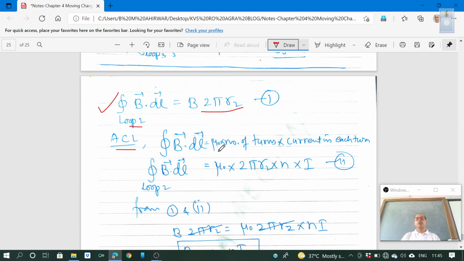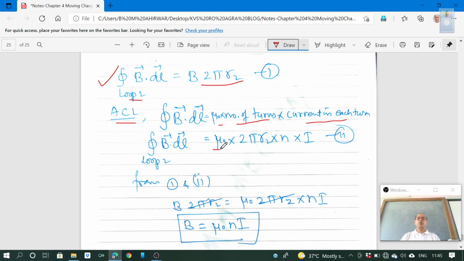B dot dl equal to mu naught times the number of turns and the current in each turn, that is mu naught times the number of turns. In one turn the length is 2 pi R2, and the total number of turns per unit length is n, so 2 pi R2 into n, and the total current is n into 2 pi R2 into I. This is the total current for loop 2.